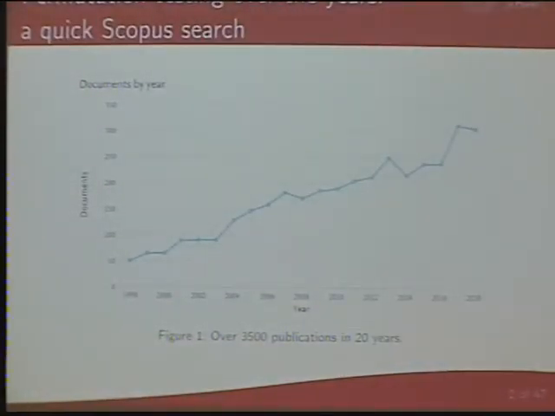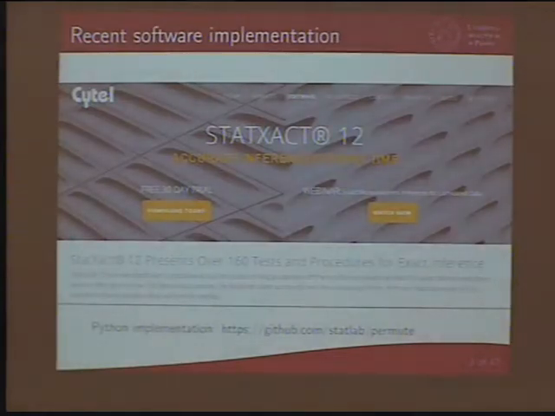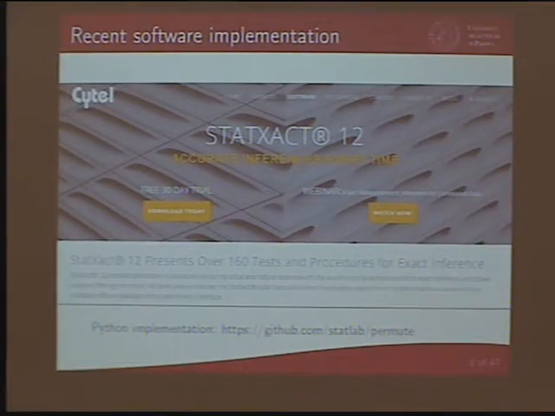The main reason is that those kinds of methods are quite flexible in dealing with the dependency among the several variables. Recently, the methodology that I'm going to introduce has also been implemented in a quite well-known software within the area of non-parametrics, permutation tests and exact inference, which is StatXact. We also have a collaboration with some colleagues from Berkeley to implement a repository in Python.